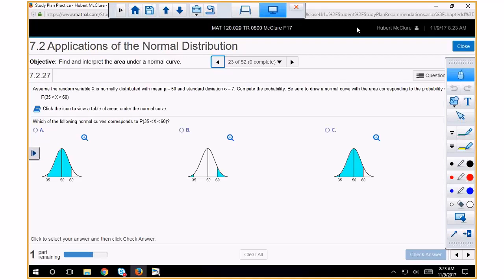Most of the time, it'll do left or it'll say right. So you can hit whichever one you want to, but that depends on the question. This one, you're going to have to do in the center or middle between 35 and 60, but of course you got to turn 35 and 60 into z-scores.